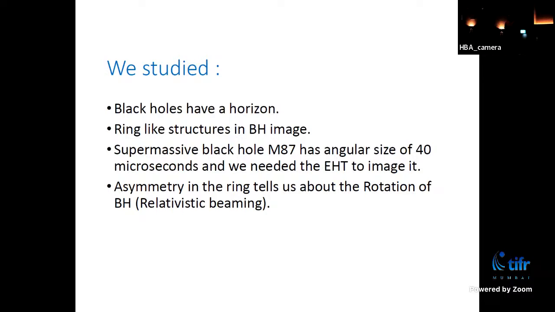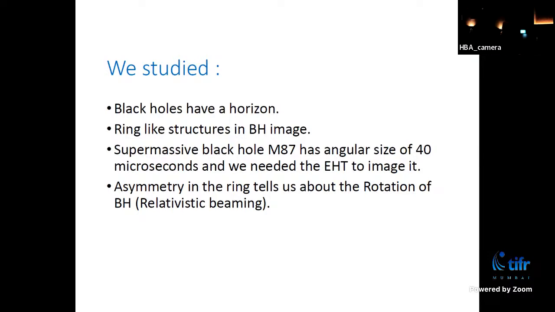We also discussed what the image of such an accretion disk would be, and there we saw that it leads to ring-like structures in the black hole image. The exact structure of these rings depends on various factors like the angle at which you are observing the black hole.